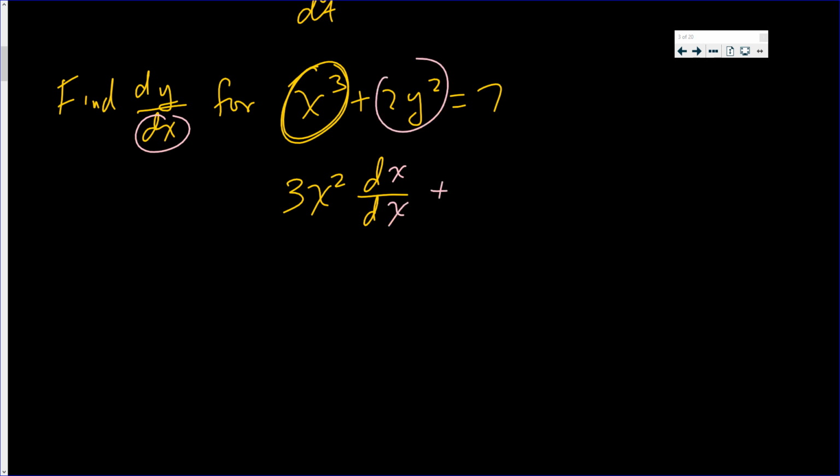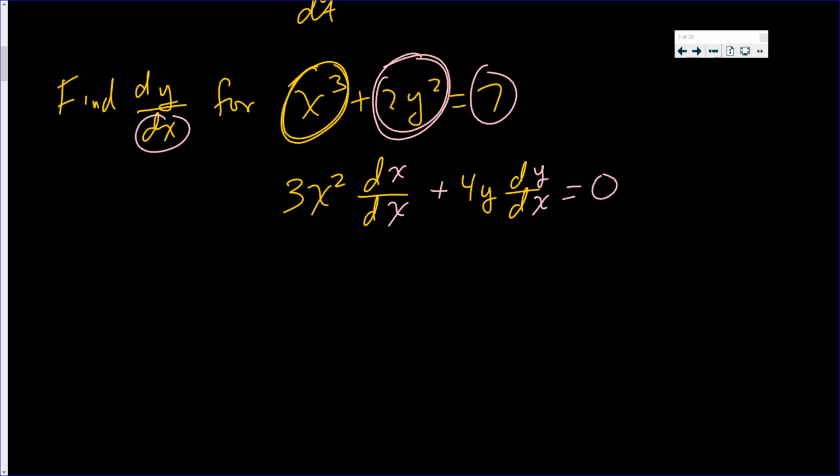Plus the derivative of 2y squared is 4y times the differential. This is in terms of y, and we're taking the derivative with respect to x. And the derivative of a constant is 0.